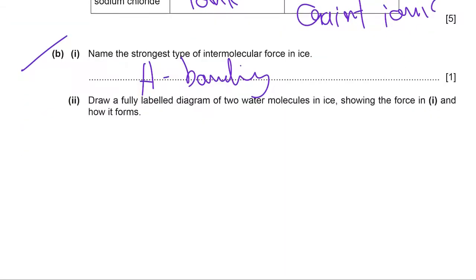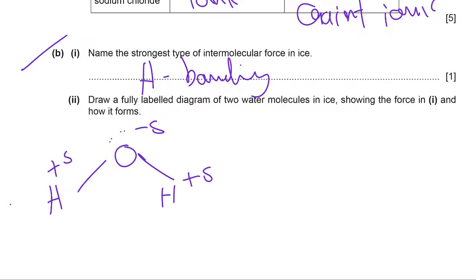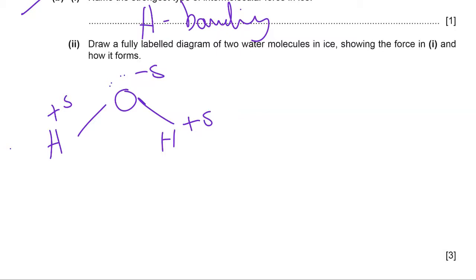So this is H2O, partially positive, partially negative, and with two pairs of electrons, partially positive. Then you need to draw another molecule of H2O, partially positive, and here. So the intermolecular forces between the H2O, it's hydrogen bond.